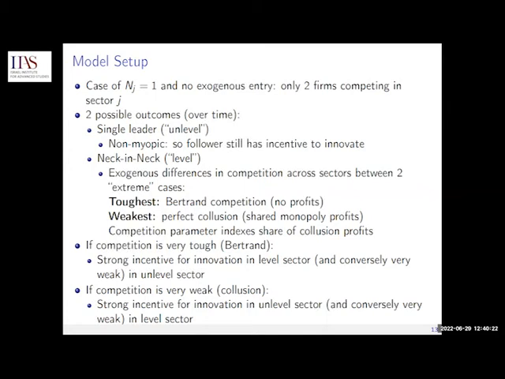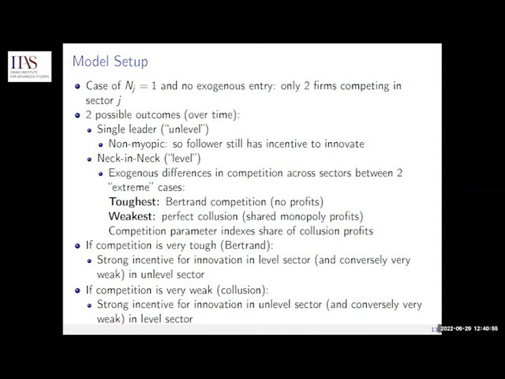So if you're the follower, your greatest incentive for innovation is to catch up to the leader, be neck and neck, and enjoy these collusive profits between the two of you. So the strongest incentives for innovation are going to be, wait, I keep saying it backwards. Yes, it's going to be in the unlevel. Yes, no, this is how I said it. I just had it backwards here.